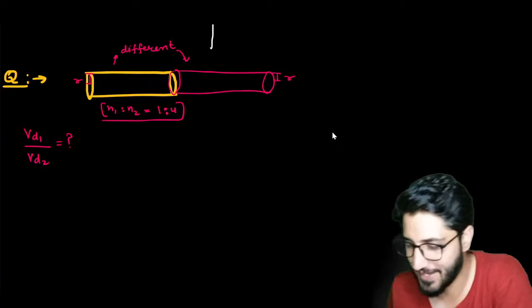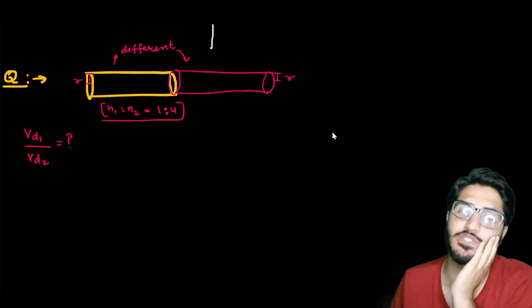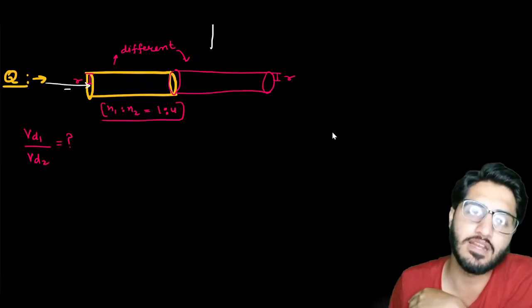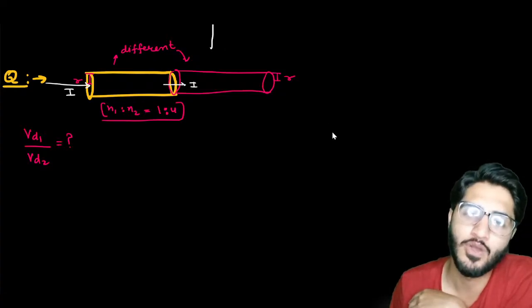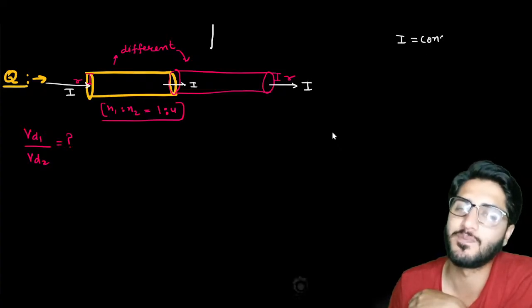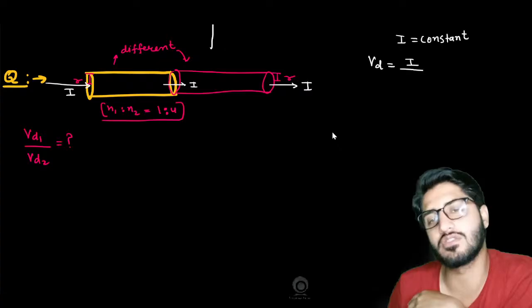How to solve this numerical? Look, one thing we can deduce here. Let us suppose current I is flowing in this manner. The same current will flow through both. So current is constant. If current is constant, which equation do I need to use? I = neAV_d.